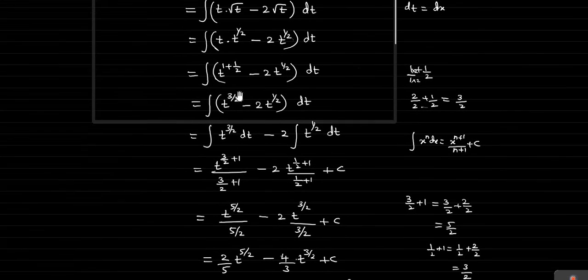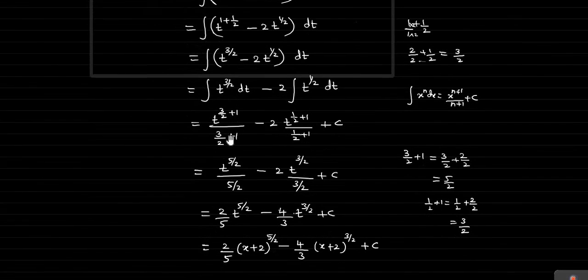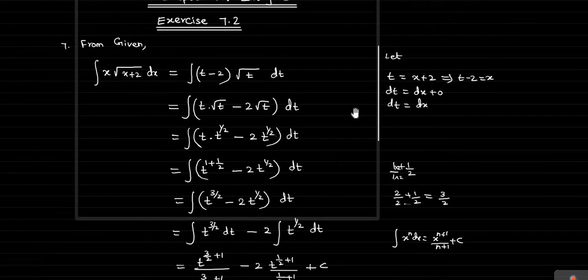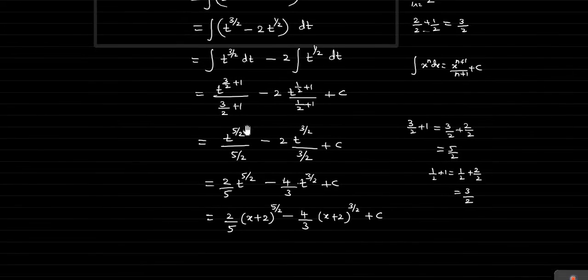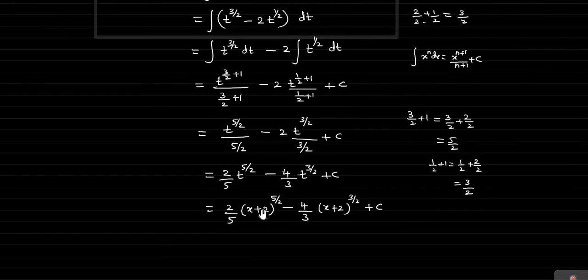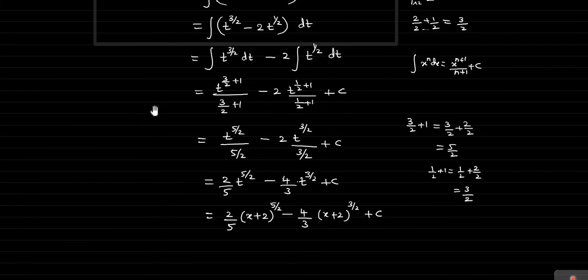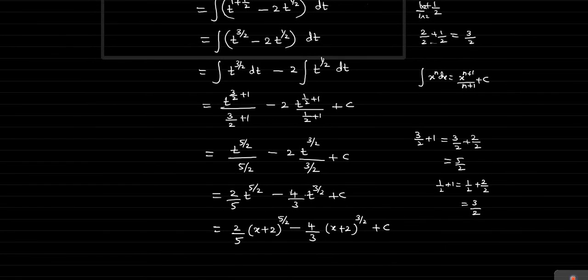Then normal integration we proceeded, then simplification. So in terms of t only we got the result. Again, t is x plus 2, so I substituted back wherever we have t as x plus 2. Now we can move on to the next sum, the eighth one.